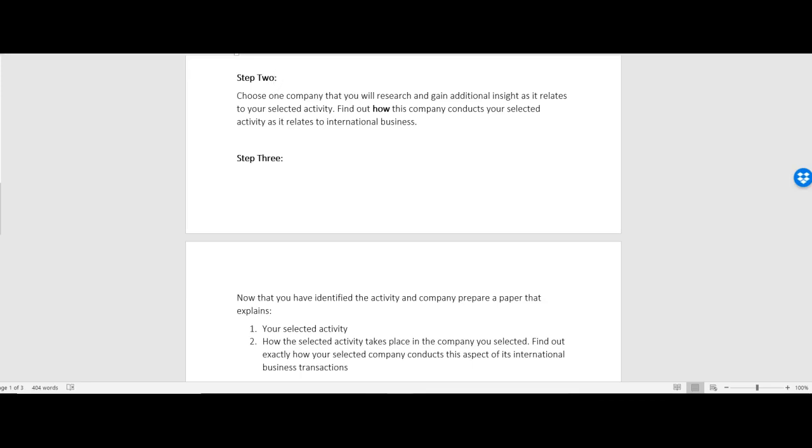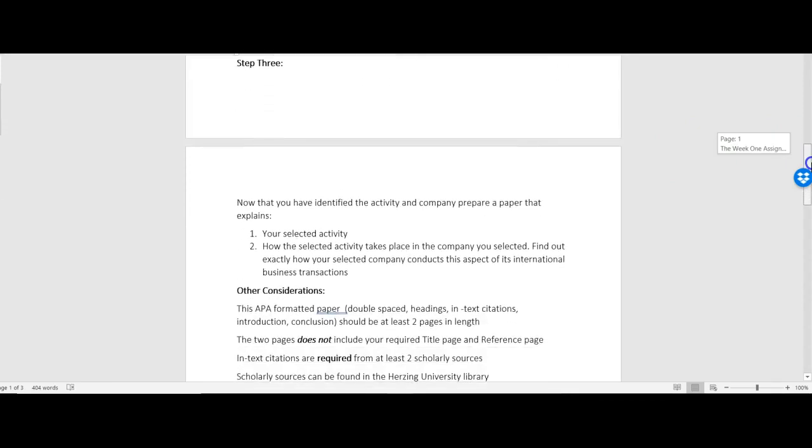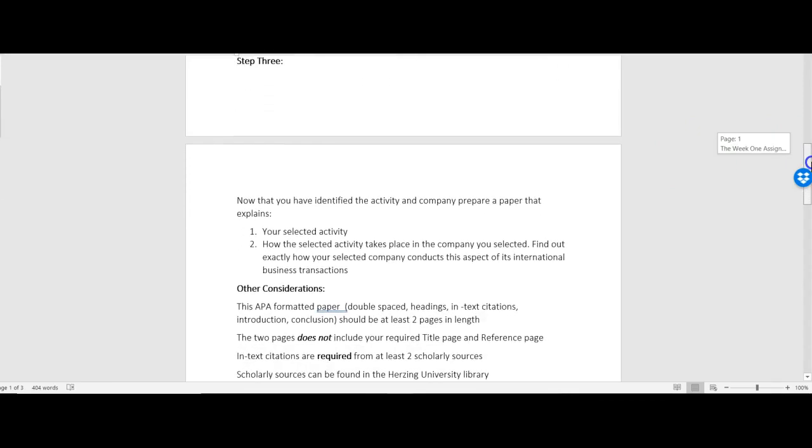So be sure that your entire paper is focused on international business. You know, we have franchising here in the United States and different things here like management contracts, but we want to focus on international business. So it's very important that you focus on that in your paper. And then moving on to step 3.